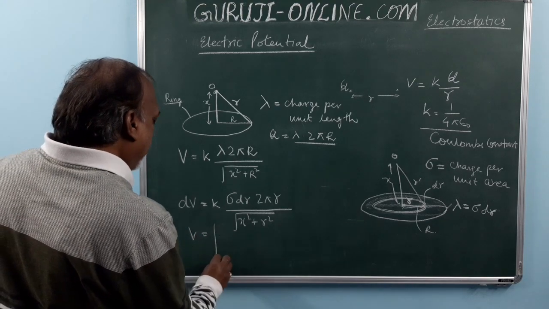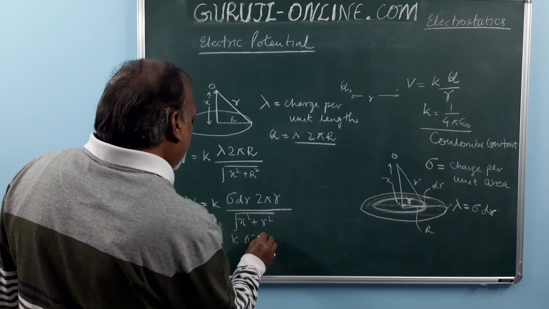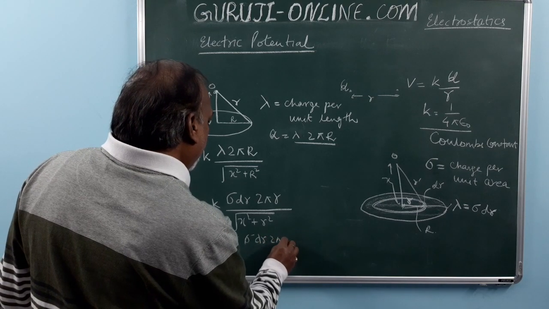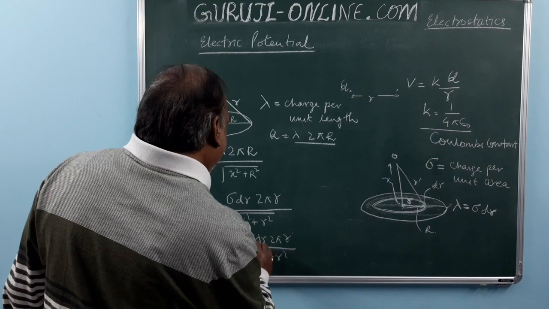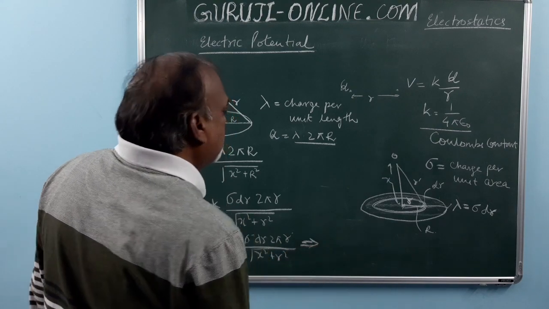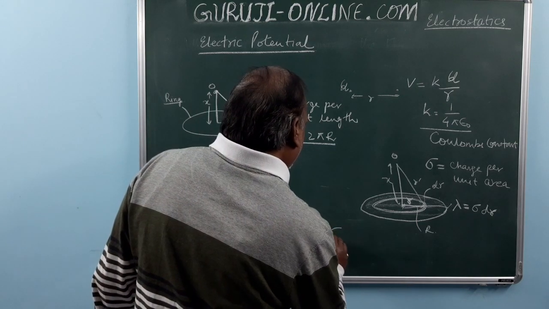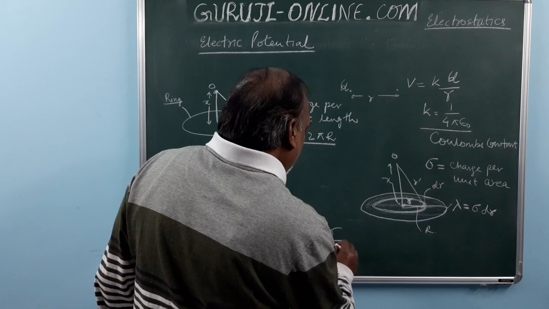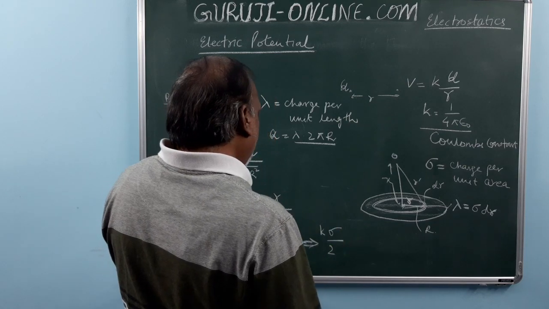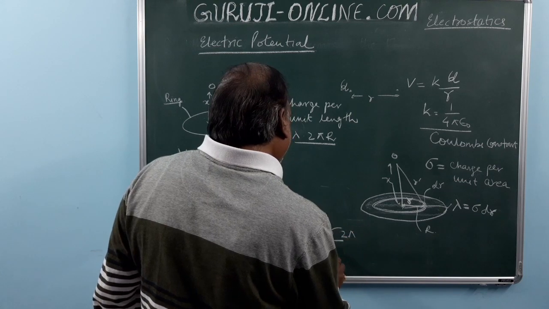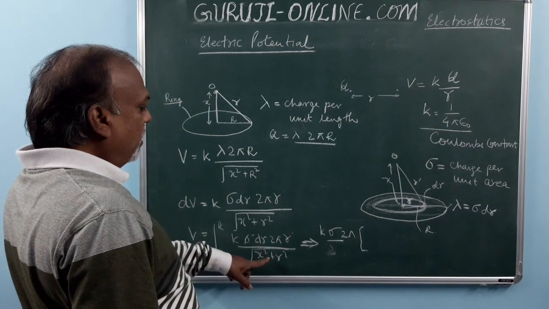V will be the integral from 0 to r of K sigma dr 2 pi r upon root of x square plus r square, and this will become K sigma 2 pi times r upon root x square plus r square.